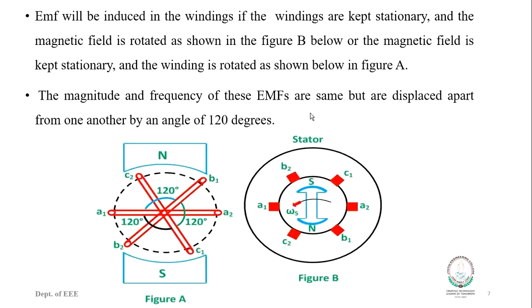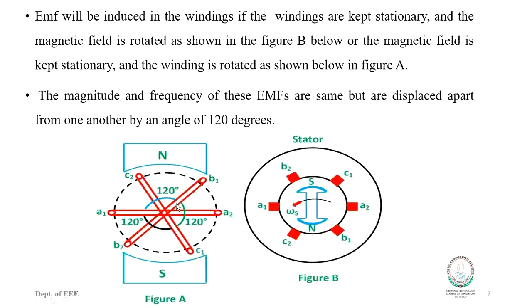Here in this figure, we can see that there are three coils which are displaced by 120 degree, and to generate three-phase voltage, either these coils should be rotated in a magnetic field, or the coils are stationary but the magnetic field is rotating. So we can produce three-phase voltage by either of these two methods.